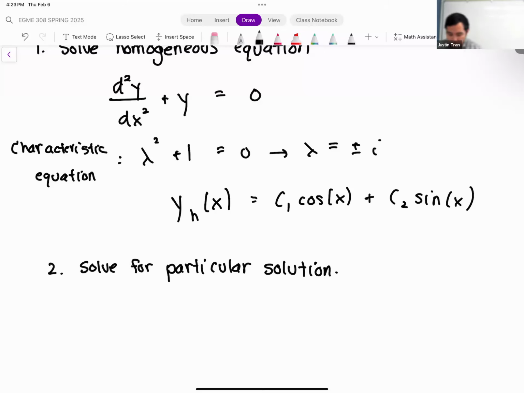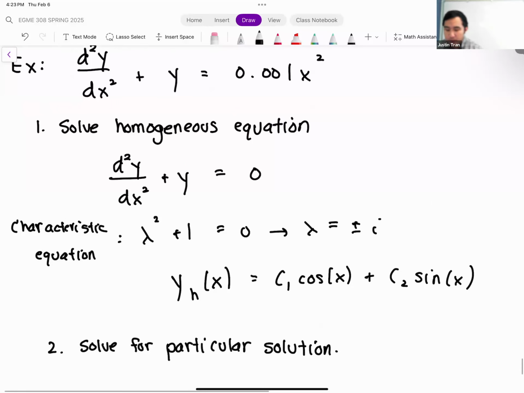So how does this work? From the problem, let me scroll up so you can see it again. You can see that our non-homogeneous term is a second order polynomial, in other words, a quadratic function.